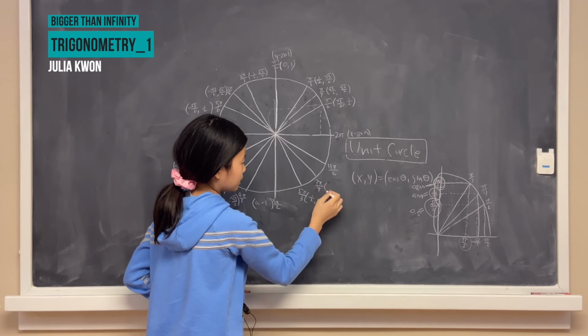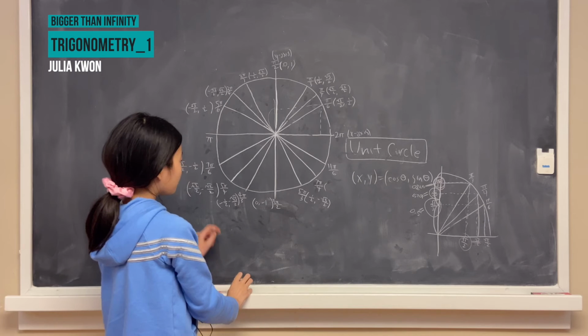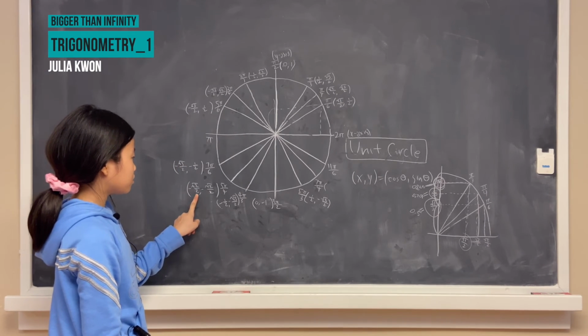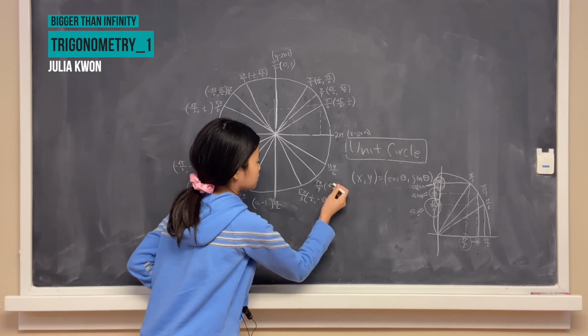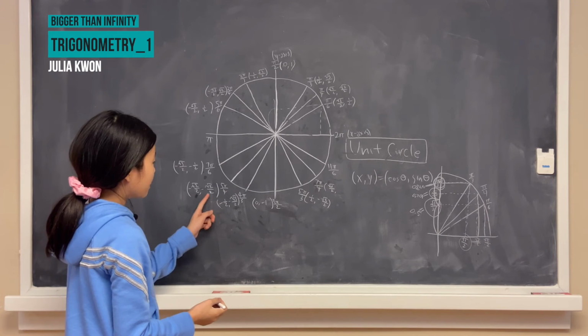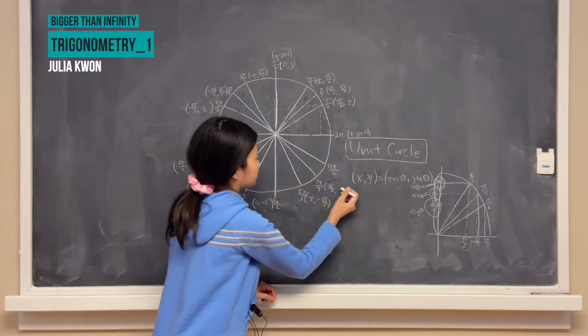And then for the radian 7 pi over 4, we would have positive square root of 2 over 2, comma, negative square root of 2 over 2.